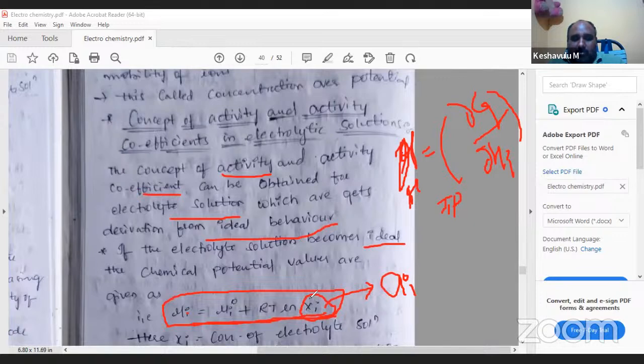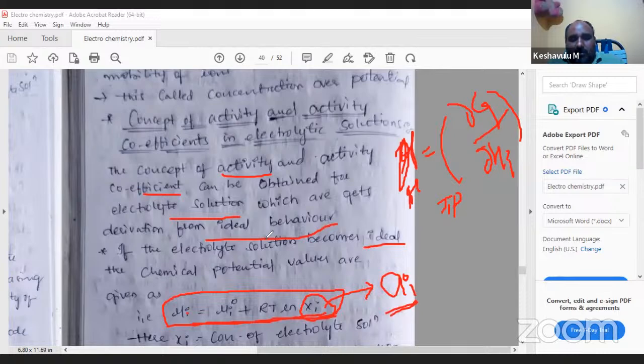Instead of xi, meaning concentration, if we use activity, that equation can be applicable for non-ideal solutions, or those solutions which deviate from ideal behavior.